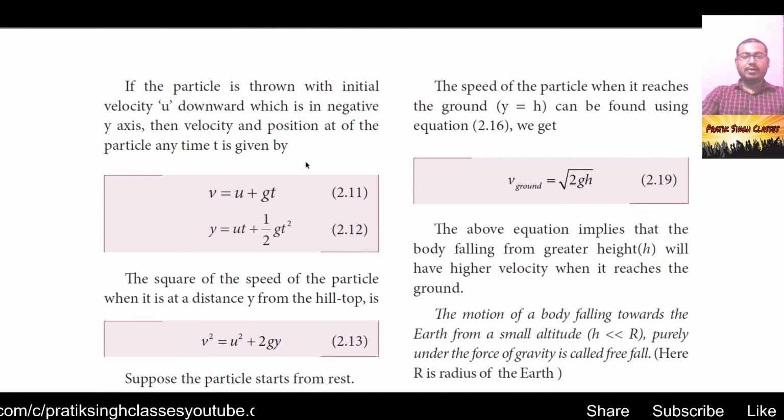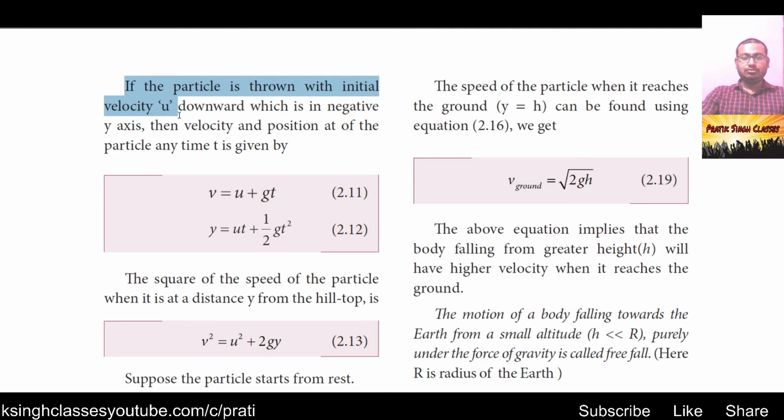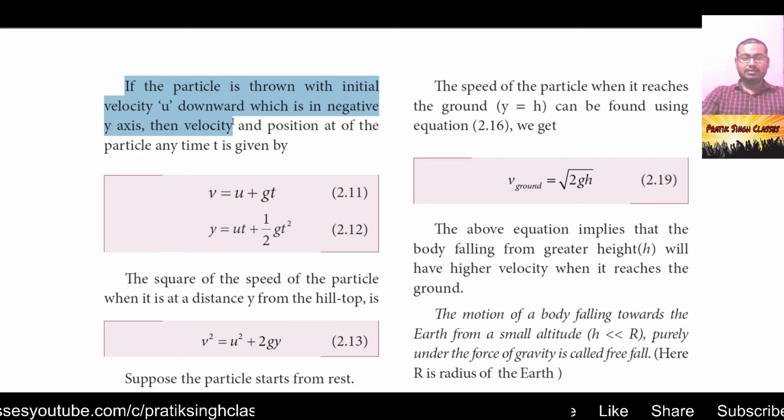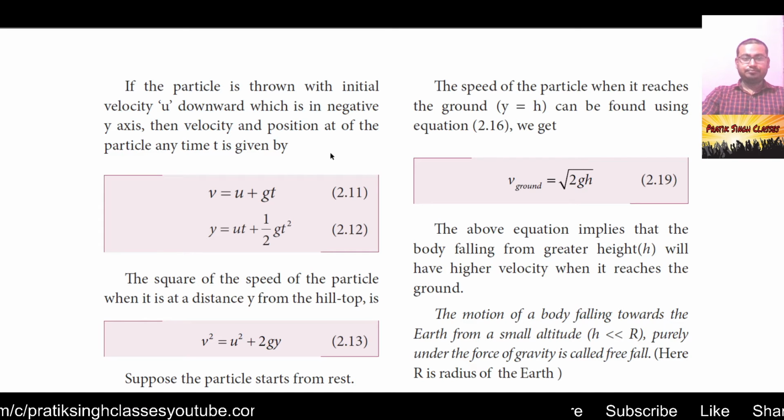If the particle is thrown with initial velocity u downward, which here is the positive y-axis direction, then the velocity and position of the particle at any time t are given by v equal to u plus gt.